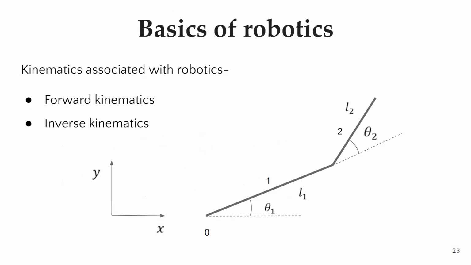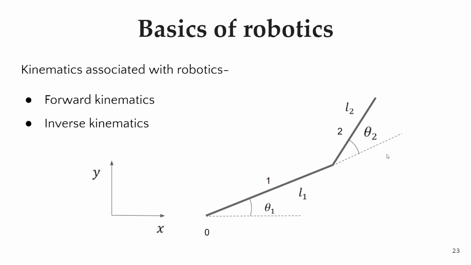Now, after this, we will get to kinematics of the robot, but before that, I will introduce some basics of robot kinematics. Kinematics associated with robotics are basically two types, the forward and the inverse kinematics. So take the example of this two-link revolute joint manipulator. It is of length L1 and L2, and angles are given as theta 1 and theta 2.